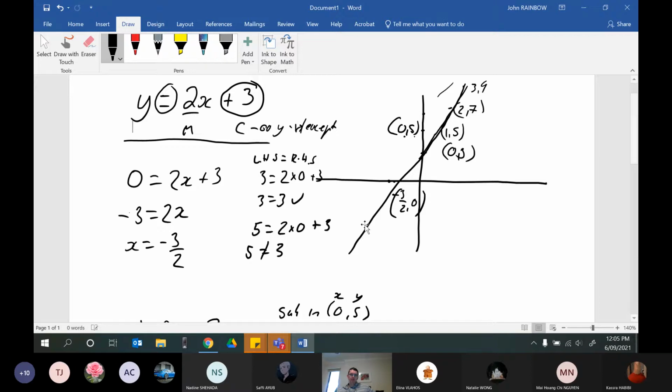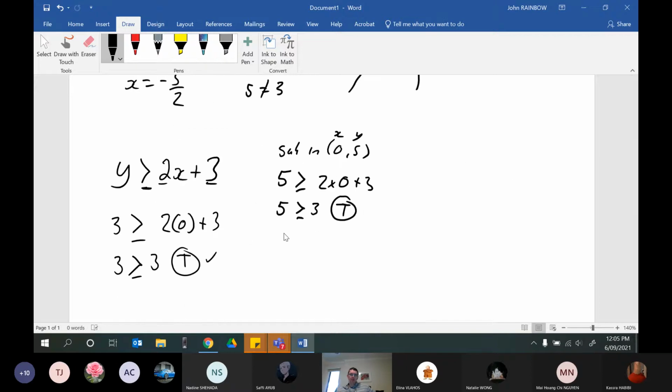Also, if I put in (0, 6), well, obviously 6 is going to be greater than or equal to 3 because it's going to be 2 times 0 plus 3. That's also true. Okay. If I put in like (0, 7), obviously you can see that that's going to turn out to be 7 is greater than or equal to 3.